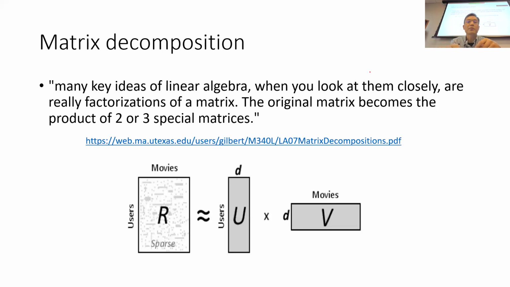And the end product of these two will be numerically very similar to your original R matrix. So that's an approximation. And then next, you will look at your D components and see how you use D to classify users or classify movies into different subgroups. All right.